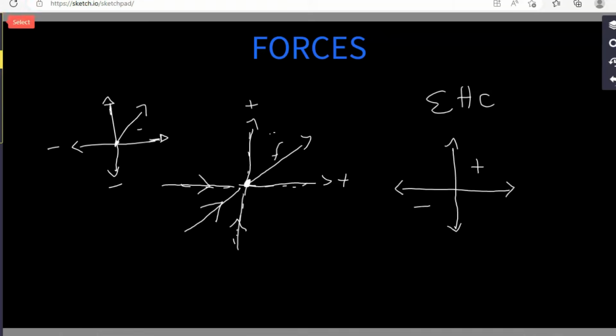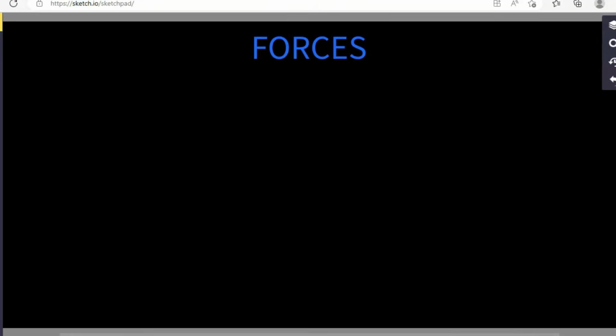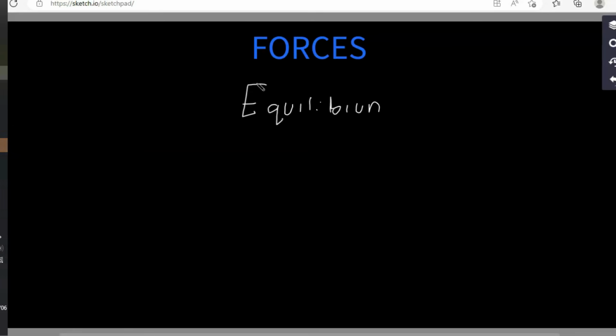And we're going to look at the last term, which is the equilibrant. The equilibrant of a system of forces in the same plane is that single force which will balance the system of forces, or we can say it is the force that will balance the resultant force.